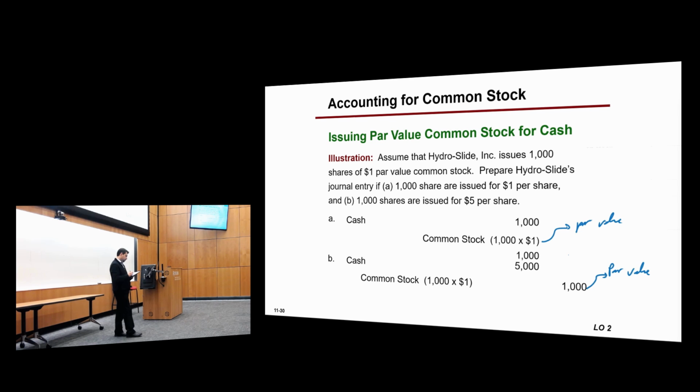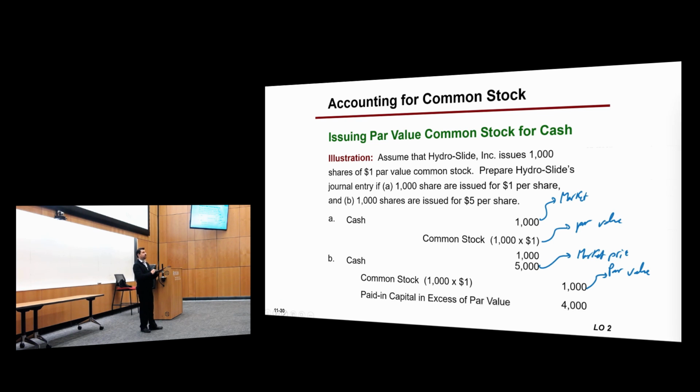This 1,000 here is also market price. In A, the market price was simply equal to the par value. What about the remaining part? The $4,000, they will be credited to paid-in capital in excess of par value.